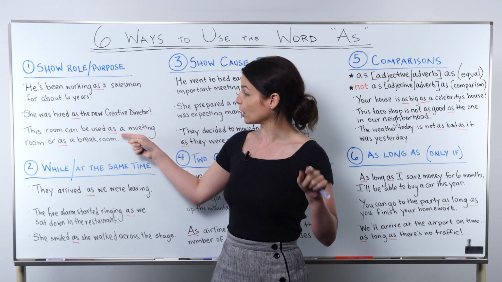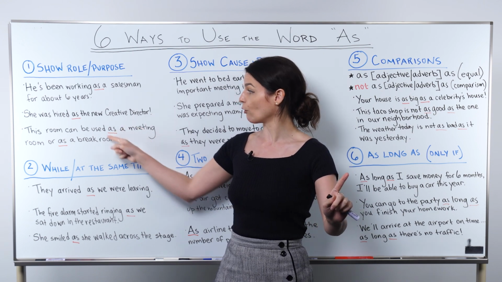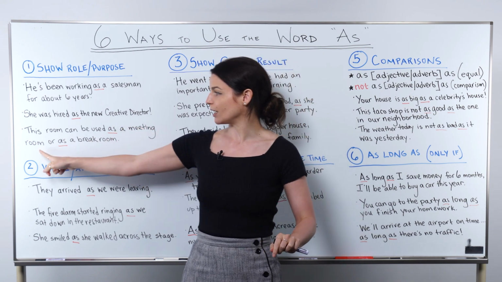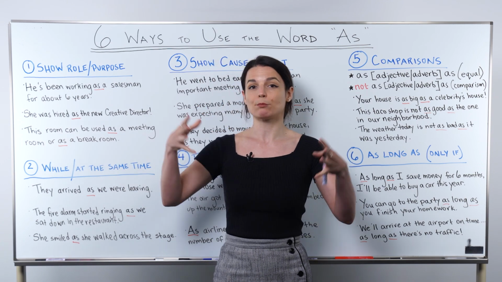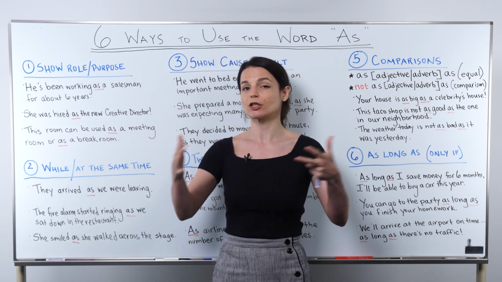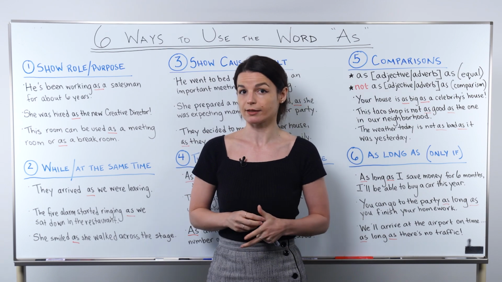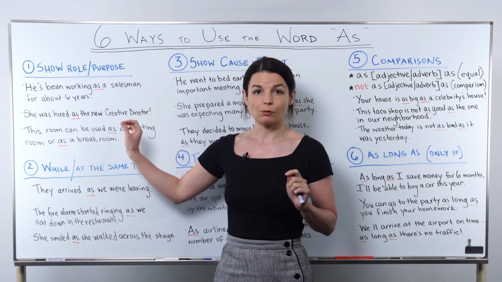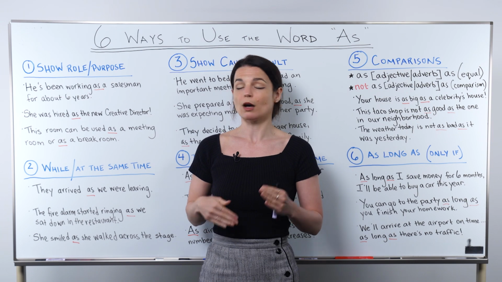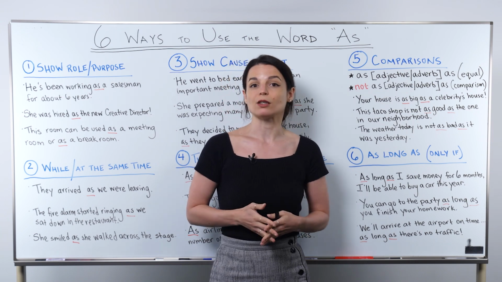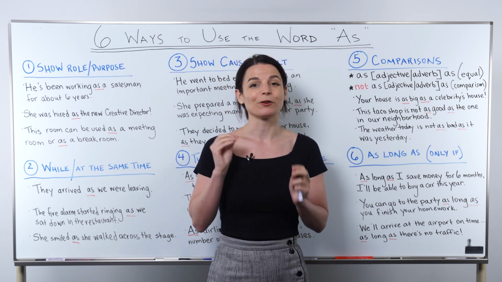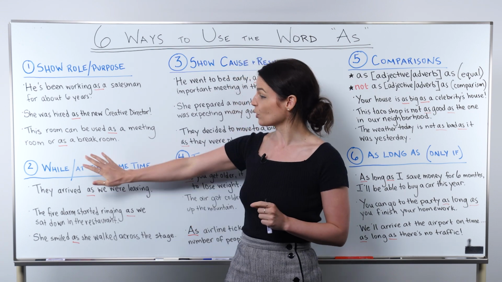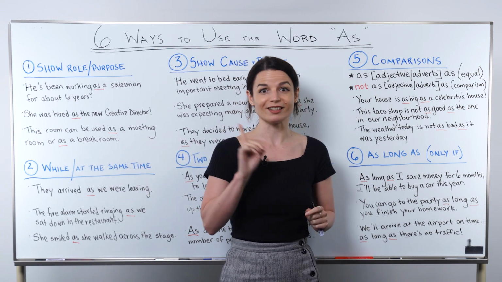So this shows the different functions or the different purposes. So we can use "as" in this way to express our roles, our jobs, and the ways that we use different things.